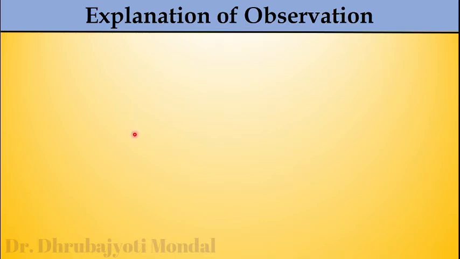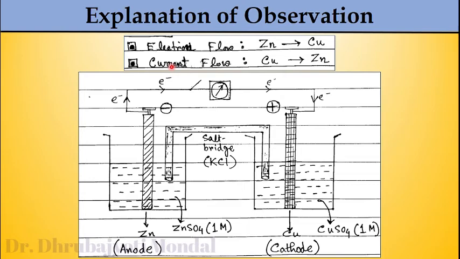Now you have to explain the observation. As you see, the first two observations are electron flow from zinc to copper and current flow from copper to zinc. So why does the electron flow from zinc to copper and why does the current flow from copper to zinc, that we have to explain. So as you see, this is our zinc electrode and this is our copper electrode. Already I have told you that at that electrode oxidation takes place.